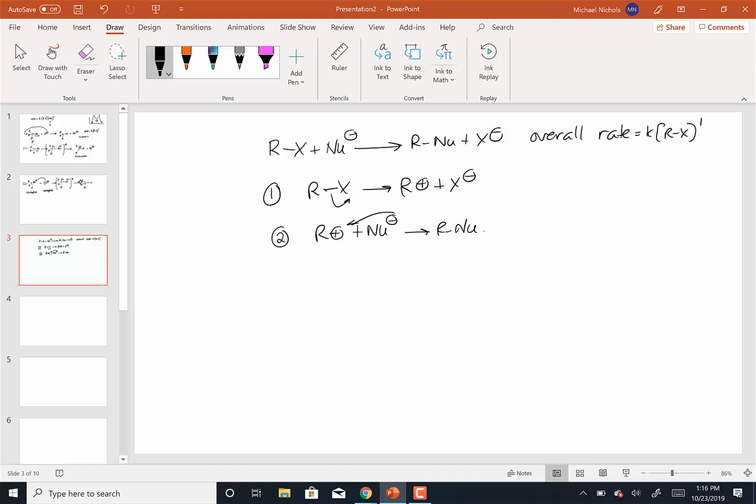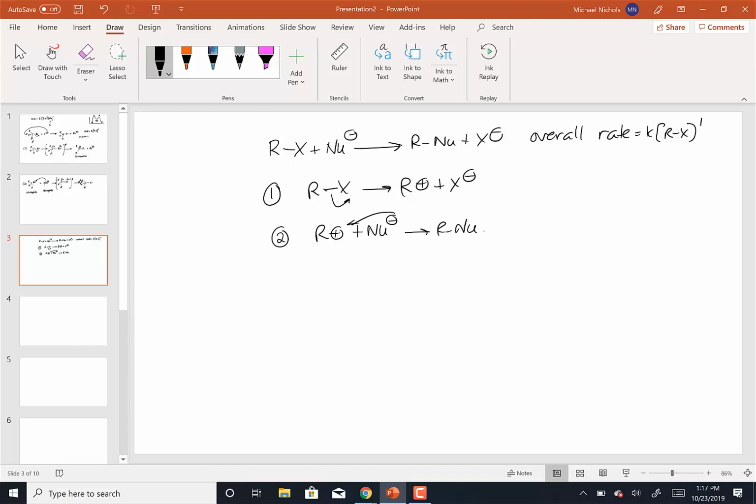And then I have to say, it does not come from stoichiometry. Right? Yes, there's one nucleophile with one alkyl halide, but that is not the reason the SN2 reaction is to the first power in each. So we do not use stoichiometry, although it can happen. For the overall rate equation, it has to be done experimentally.